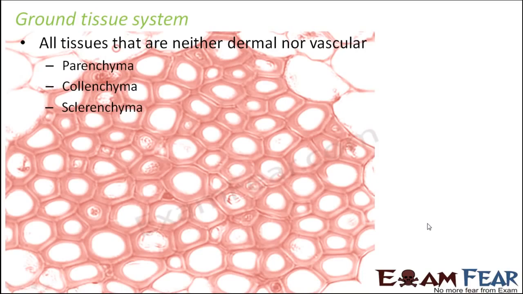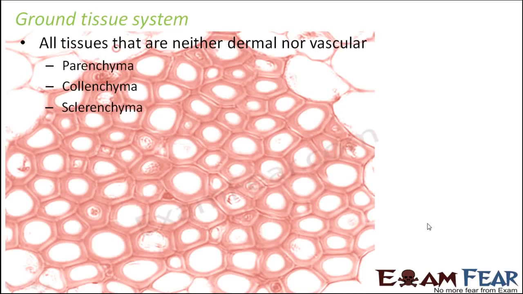Now these ground tissues are present almost everywhere in the plant, in roots, stems and leaves. When we study the anatomy of root, stem and leaves, we will see where such cells are present. For example, in roots, parenchyma cells are present in the cortex of the root and in the pith of the root.